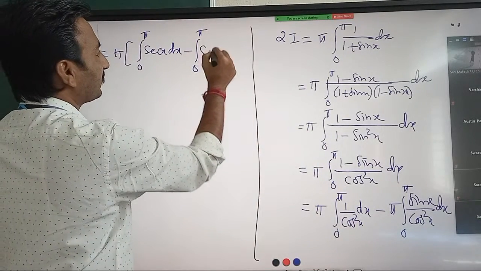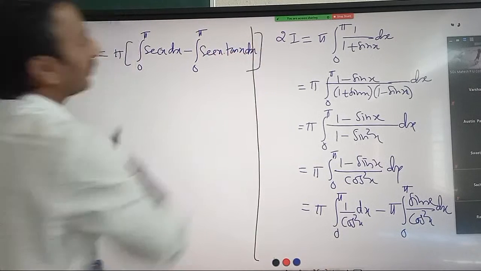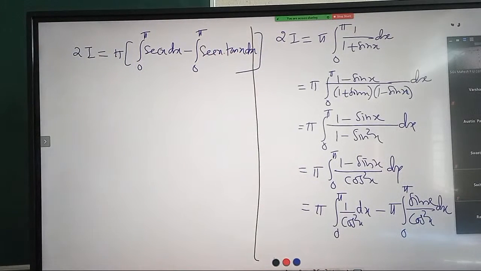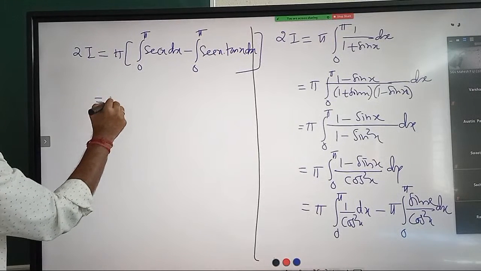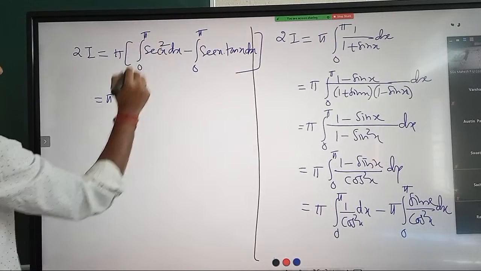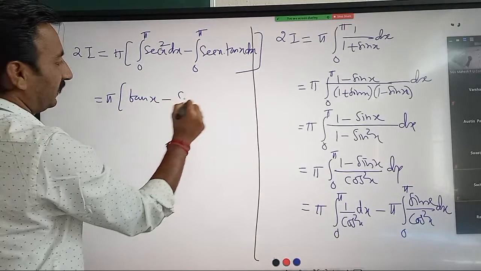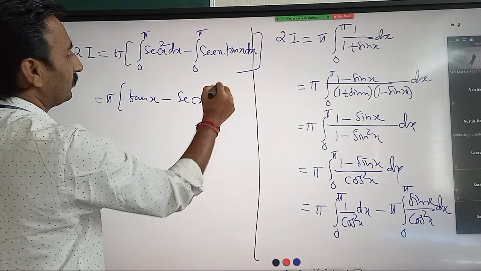So I write it as sec into tan x dx. Correct? So finally what you can do here is, this is pi in the bracket, 0 to pi, sec square integrates to tan x minus sec x, and once again it is 0 to pi.